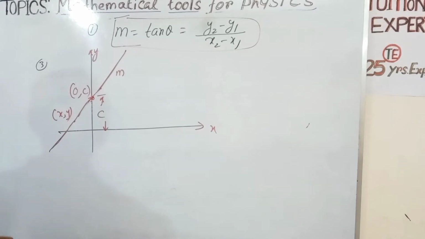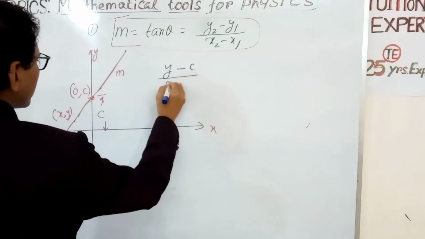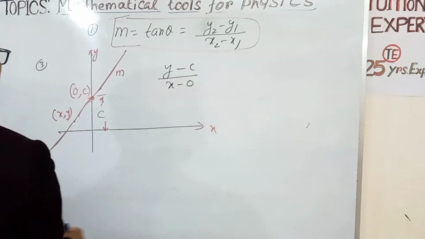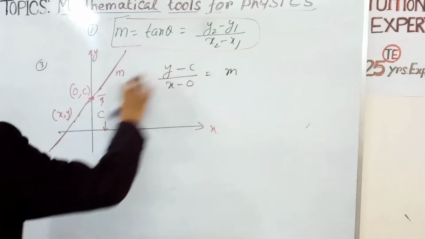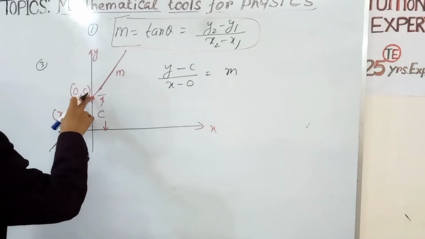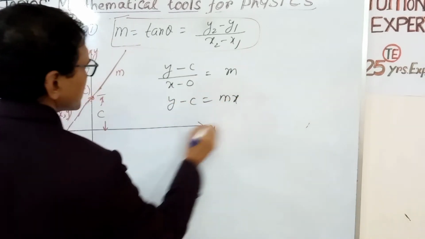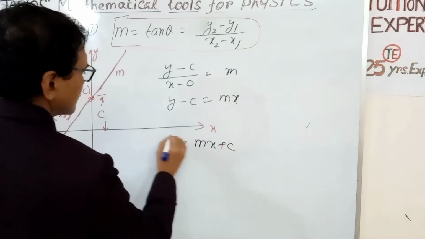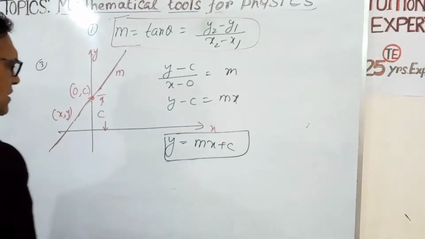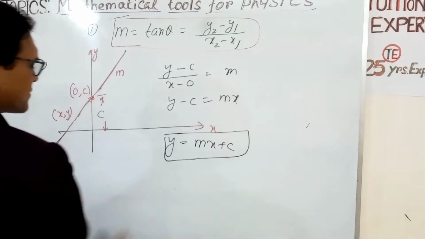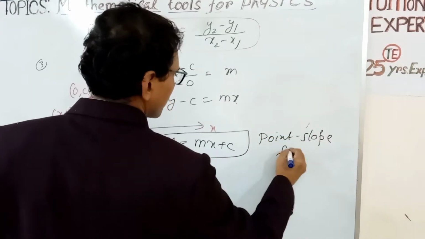So the equation will be y minus y1 by x minus x1 equal to m, which is the slope between 2 points. So y minus c equal to m x. This is the equation of the straight line whose slope and intercept are given. This form is called the slope intercept form.